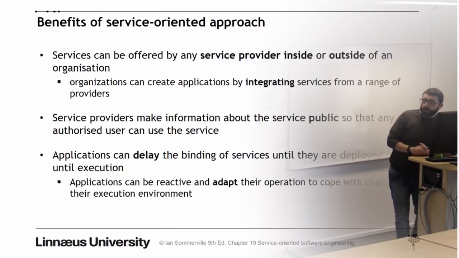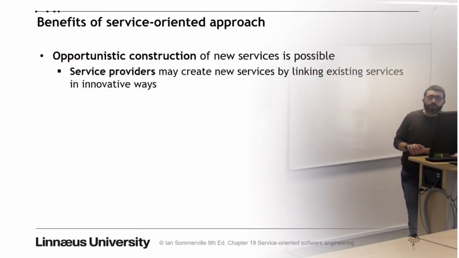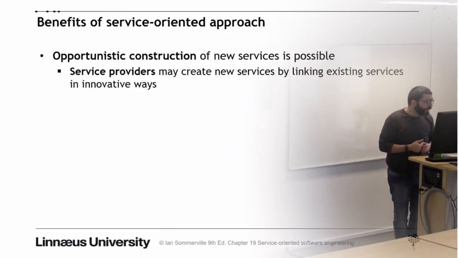In the case of services, the binding is made at runtime. So when you need the service, you just open the socket, make a connection with the service that you need and execute the service. This allows for an opportunistic construction of the services. Okay, so service providers may create new services by just linking many different existing services. And how to do that is by means of service composition, which we will discuss in a while.